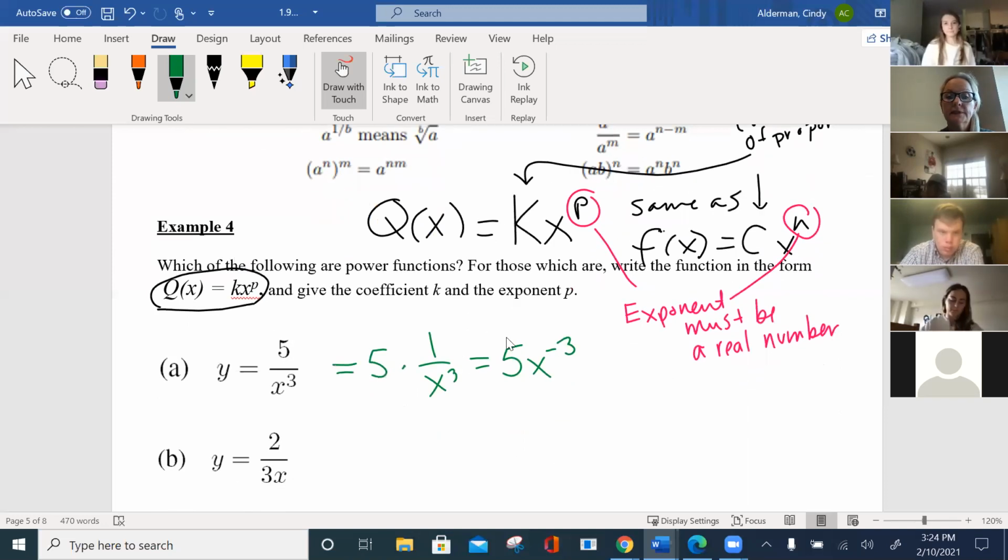Okay, so it does have a constant here. The exponent is a number, and it has a base that's unknown. Therefore, this is a power function. And here, if we're going to tell what the k and the p are, k would be equal to 5, and p would be equal to the exponent negative 3.